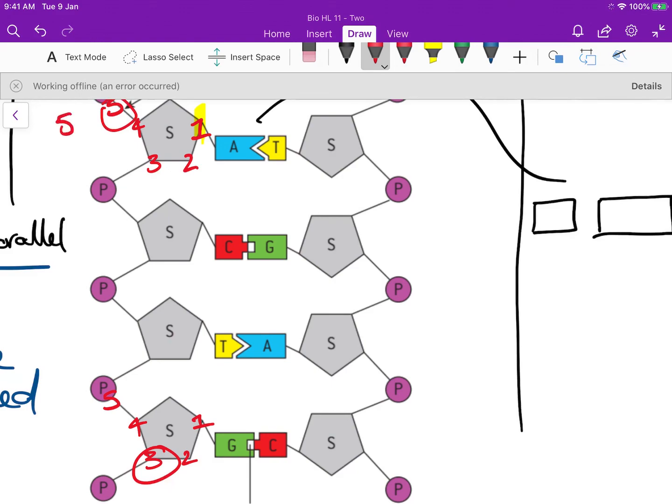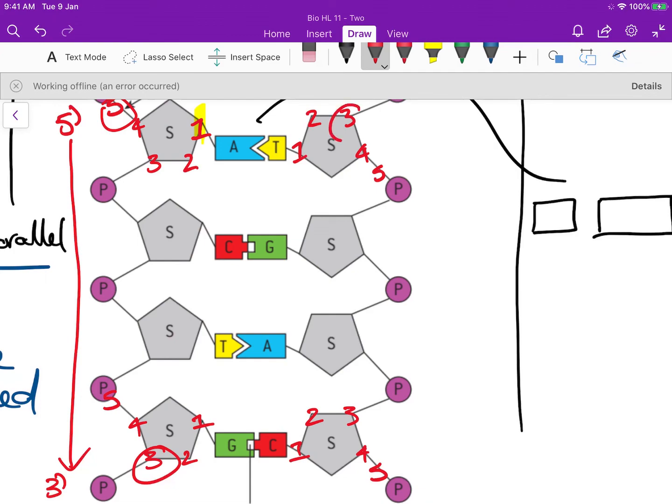So this is running 5' down to the end part, which is 3'. If we look at this one over here, 1, 2, 3, 4, 5, and 1, 2, 3, 4, 5, we can see that this strand here is 3' with the 5' at the bottom. So this strand is running 3' to 5'.